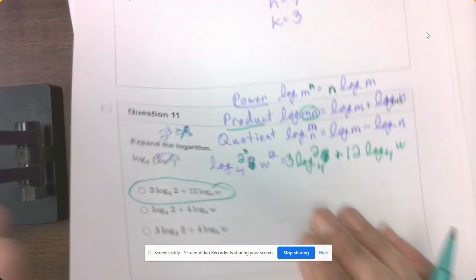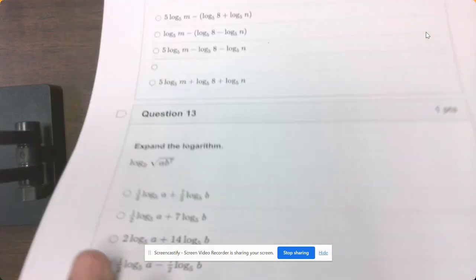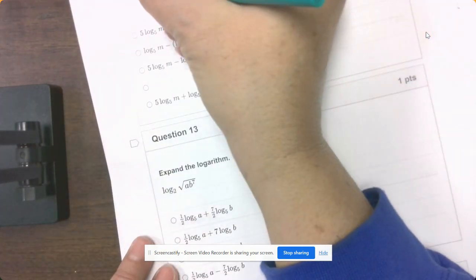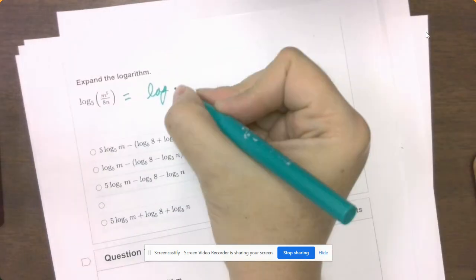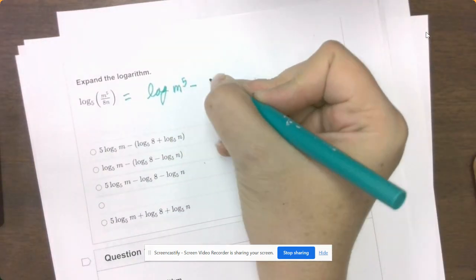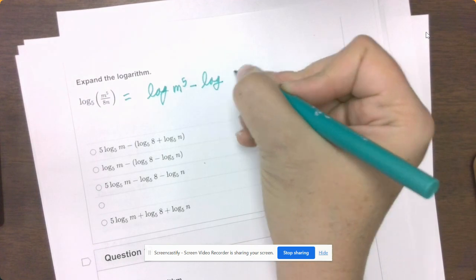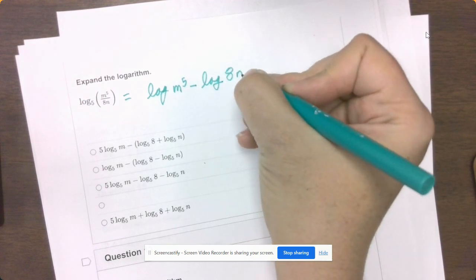Got it. Okay, so expand the logarithm. Okay, we're still going to use our properties, everybody. So we know it's quotient property, okay? So quotient property on this one. So log base m to the 5th minus log base 8m, okay?